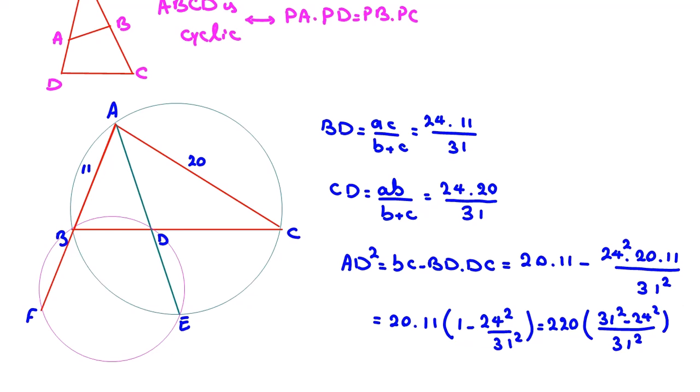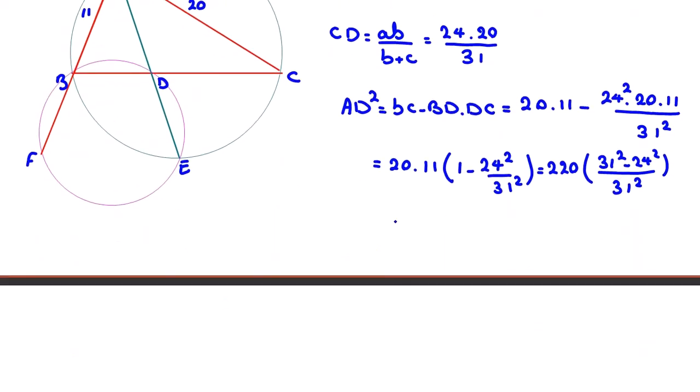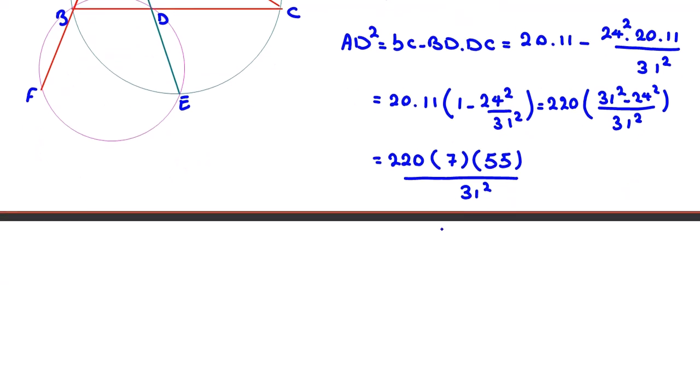I told you in algebra, this identity you can factorize. It's 220 times 31 minus 24, which is 7, times 31 plus 24, which is 55, over 31 squared. It is AD squared. So AD will be the square root of this.